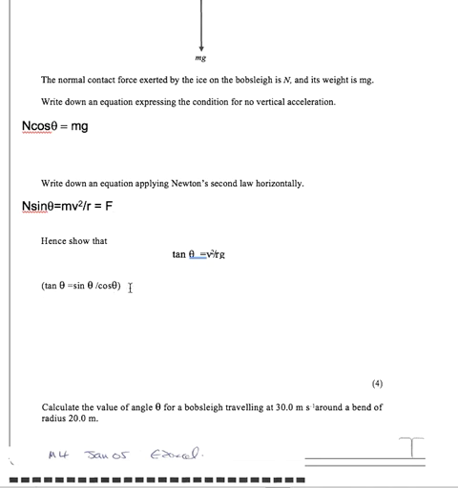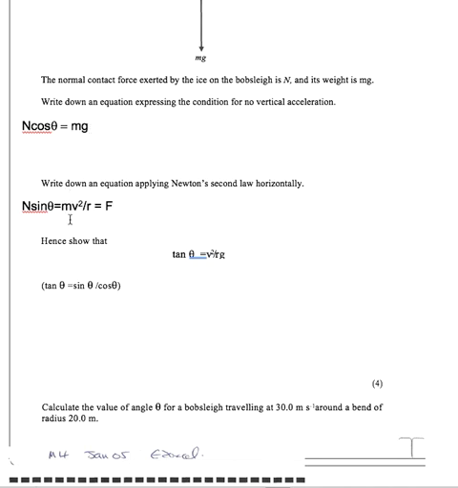and it tells you that tan theta is sine theta over cos theta. Hence means on the basis of what you have done to this point, go further and show this expression. You're told that tan theta is sine theta over cos theta. So I'm going to divide this expression by that expression.